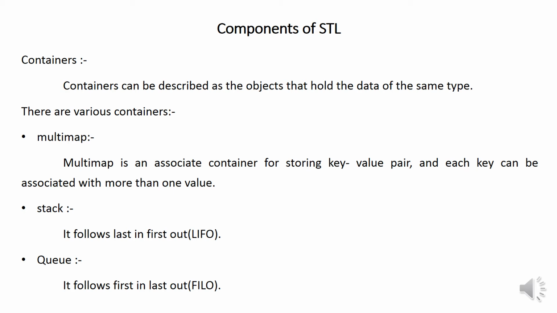The map can store one value for each key and supports one to one, but multi-map stores key value pairs where each key can be associated with more than one value. Means each key will be associated with more than one value.